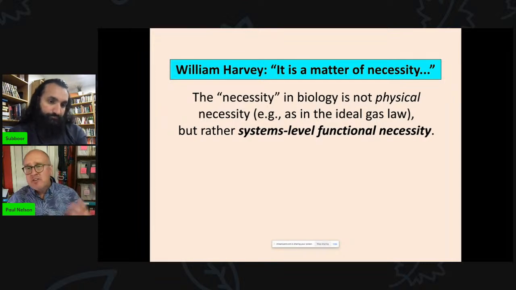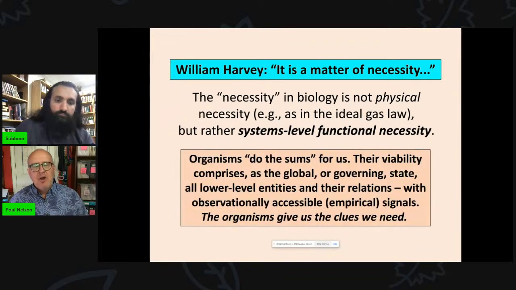Because dogs and sheep and humans are not operating by magic. They're operating by principles that we can understand and characterize and test once we grasp them, if we take that no magic principle seriously. And the remarkable thing is living things do the math for us in a sense. Why? Because they are alive.